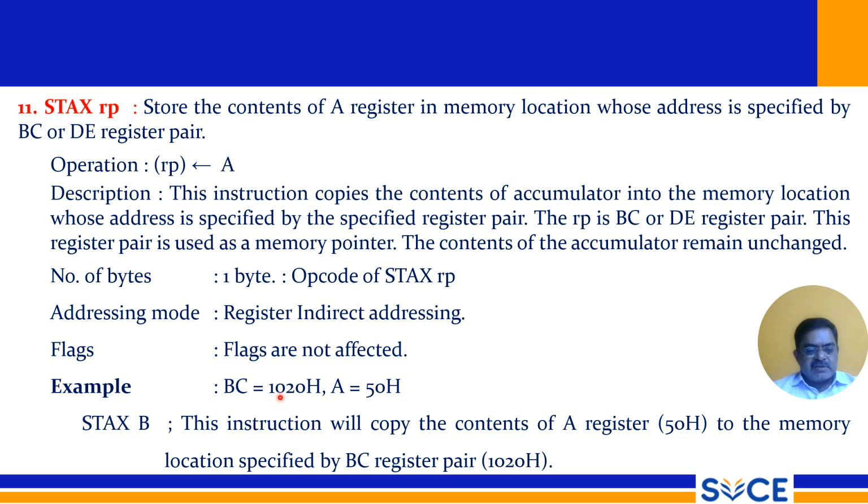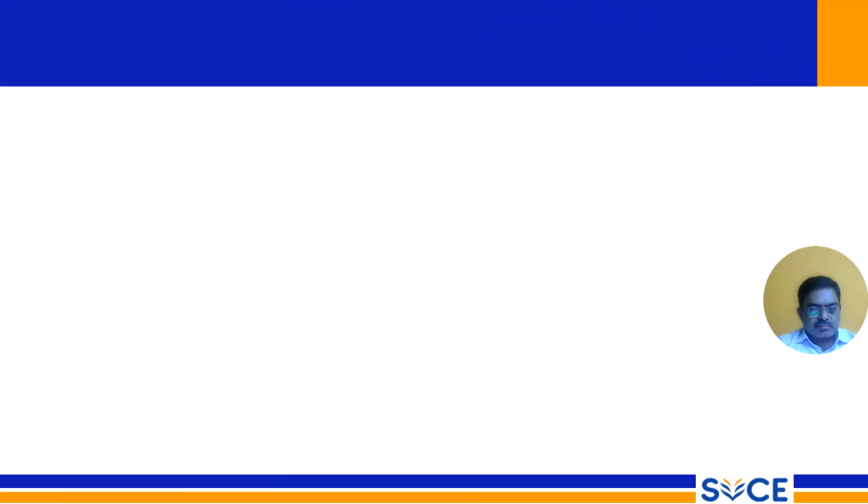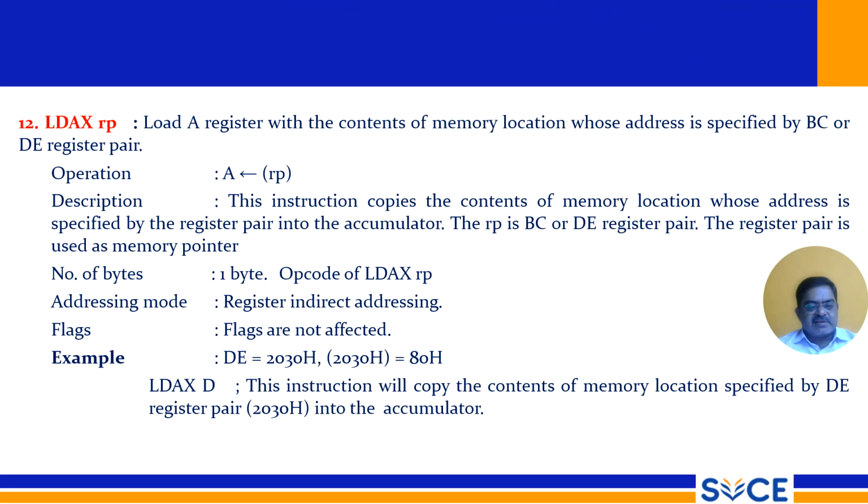Now BC is having 1020H, A is having 50. This is the memory location. The contents of A, that is 50H, will be stored in the 1020 address, which is pointed to by the BC register pair. So that is STAX RP. Then LDAX RP, it is very similar to the earlier operation.